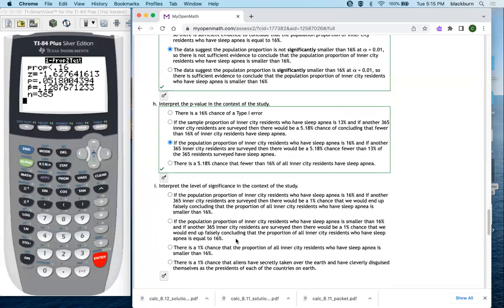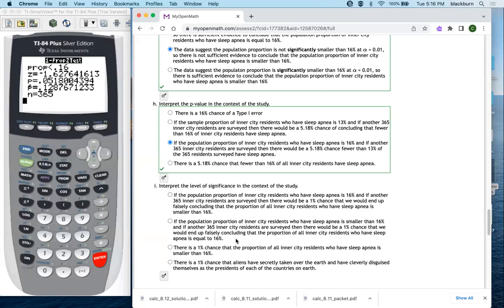Then the last one, level of significance is 1%. So if the population of inner city residents who have sleep apnea is 16%, and if another 365 inner city residents are surveyed, then there would be a 1% chance that you would end up falsely concluding that the proportion is smaller than 16%.